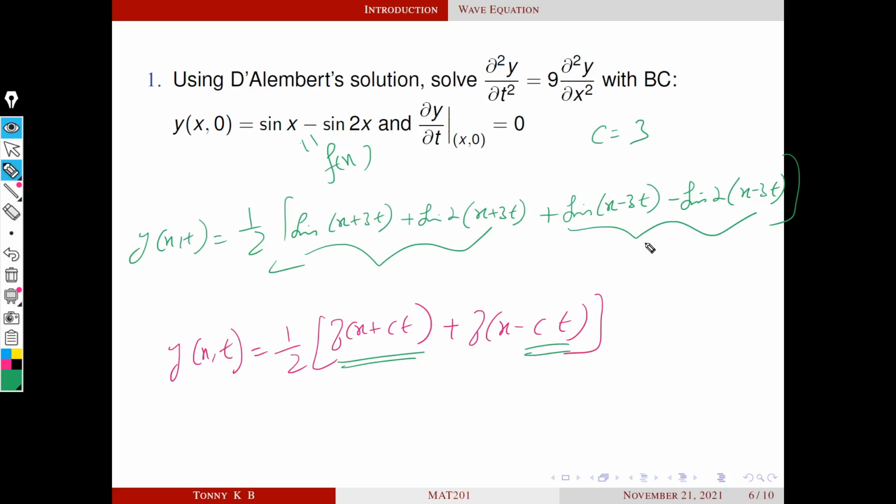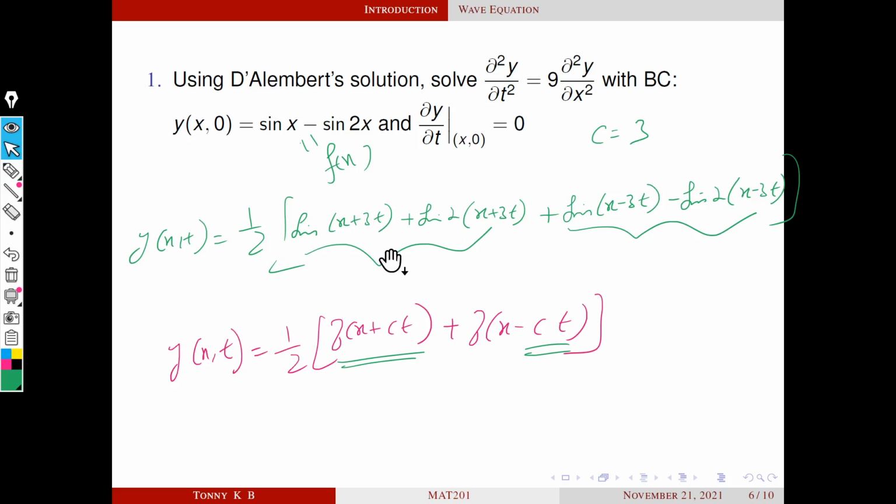Now you can simplify this expression, everything is of the form sin(a plus b) and sin(a minus b). You expand sin(a plus b) and sin(a minus b) and cancel the similar terms. Then we will get a simple solution.